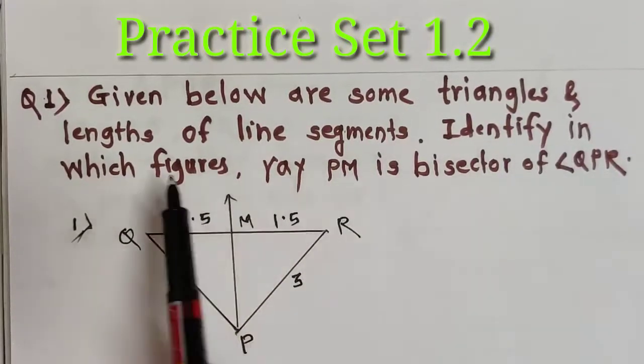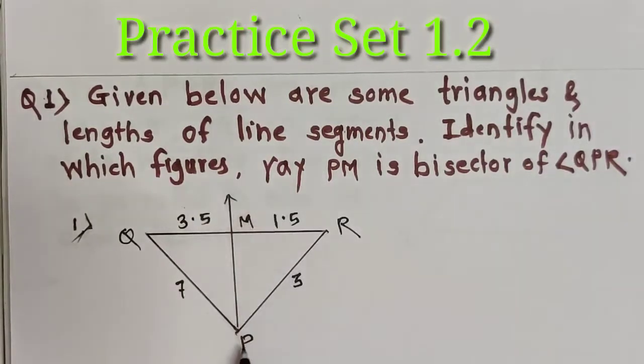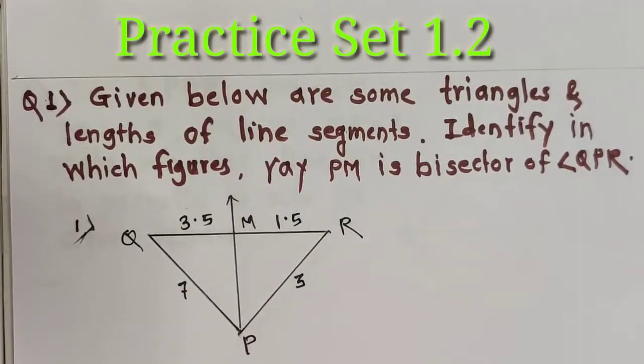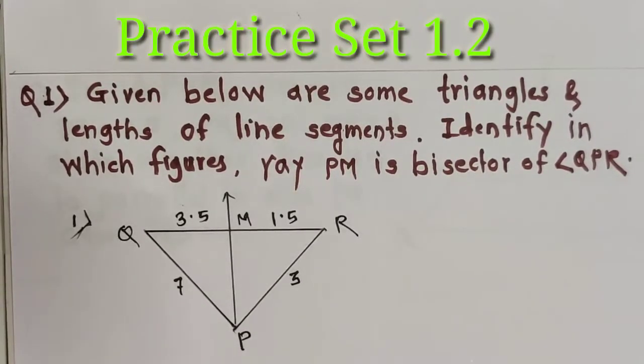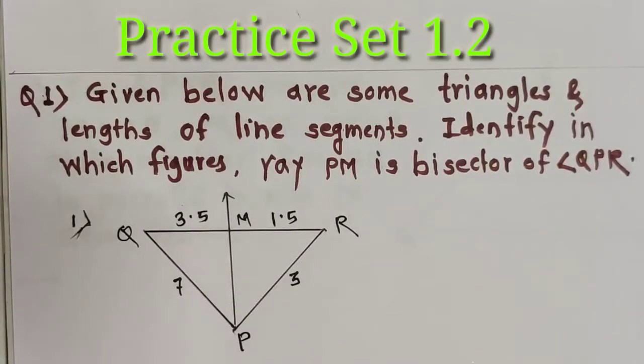Identify in which figures ray PM is bisector of angle QPR. That means here some figures are given and lengths of some line segments are given, and we have to decide whether that ray PM in each figure either bisects that angle QPR or not.